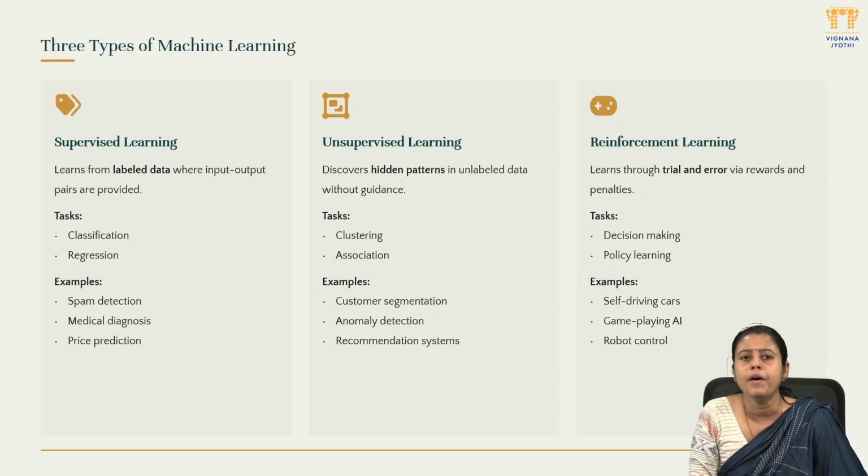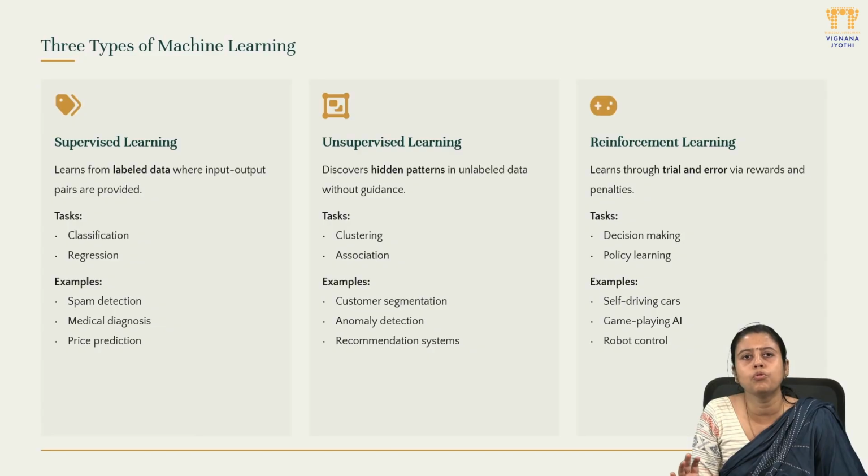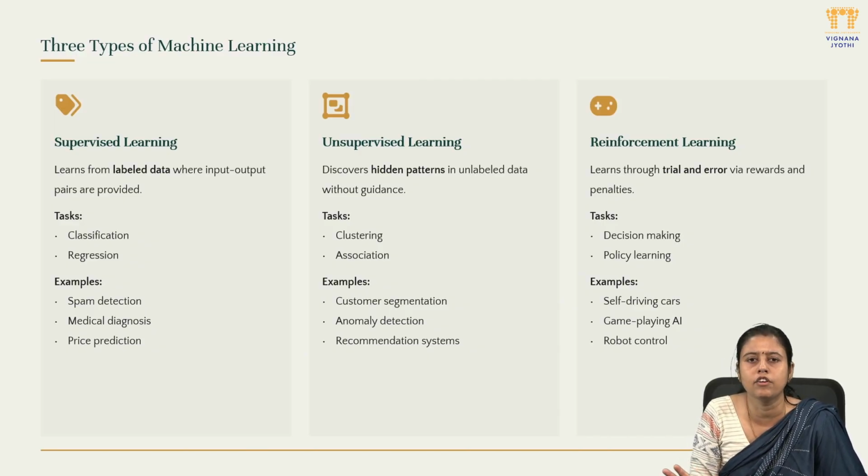There are different types of regression methodology which we can use for spam detection, medical diagnosis, price prediction. So these come under supervised learning, where we know the input, we know the output, we train the model with the known input and known output, then we give another set of inputs and we check whether the output is correct or not.